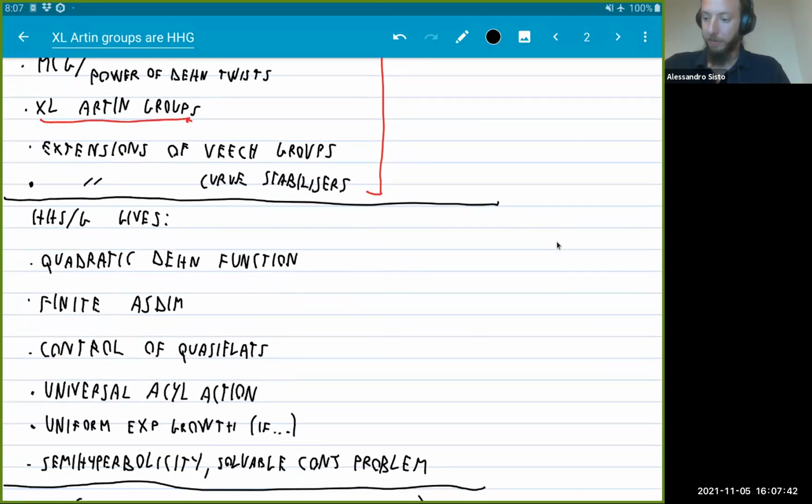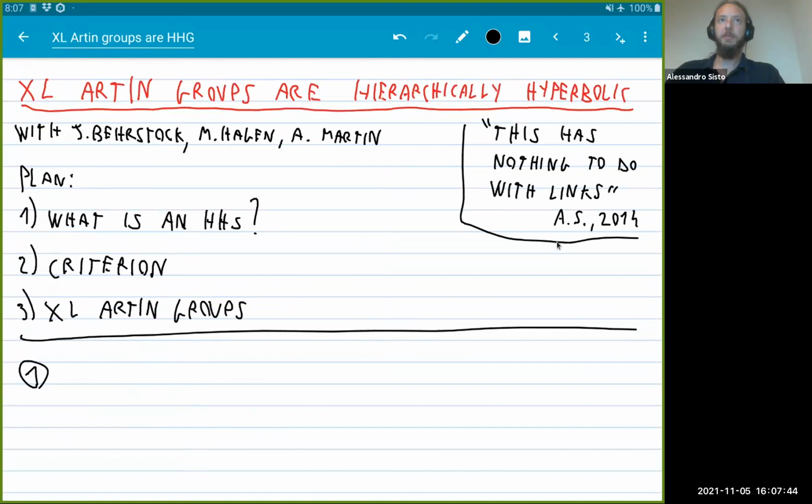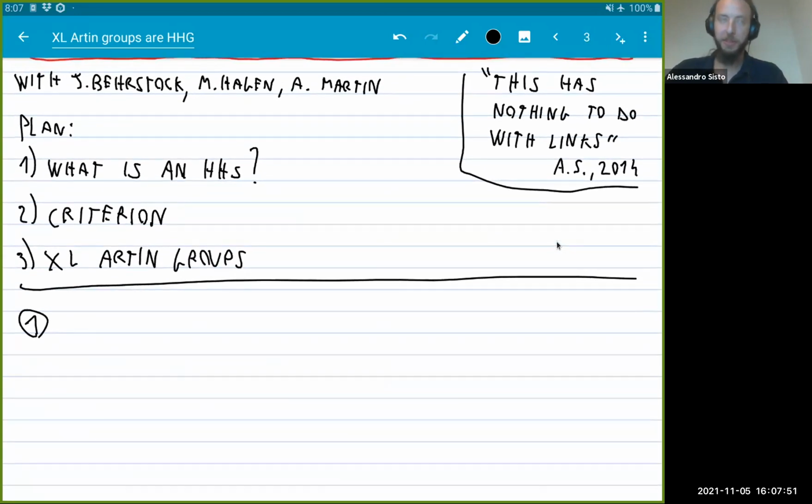Excellent. So hopefully this motivates you to at least try to see what this notion is about. There's a good list of examples and a good list of theorems. So let's do the one-sentence description.